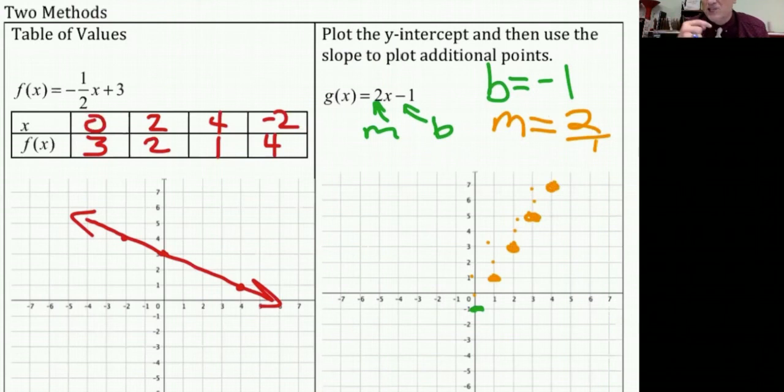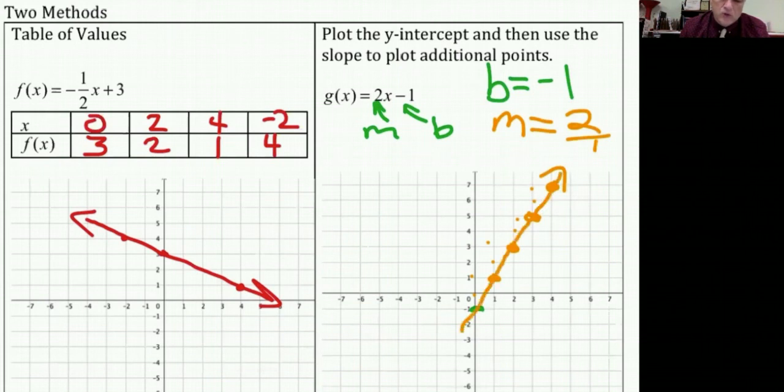Just remember, if we needed to go in the other direction, let's say that was the top of my grid paper and I needed to go one more point. Maybe your teacher said, I want 6 points, and you've only got 5. There's no more grid in this area. What can I do? Just remember, if you want 2 over 1, a line goes in 2 directions.